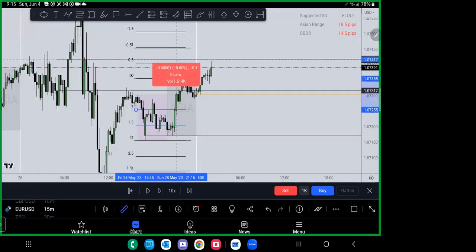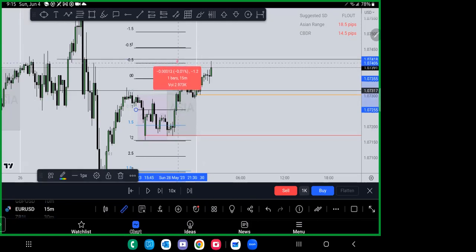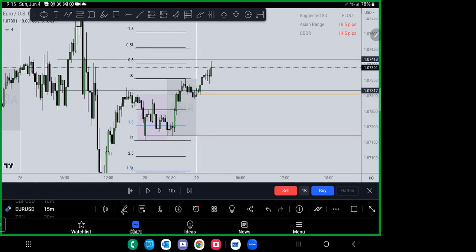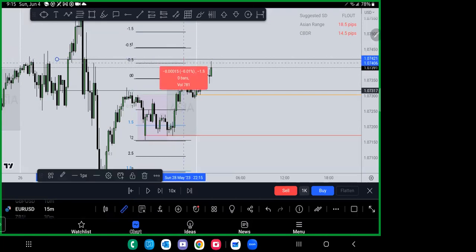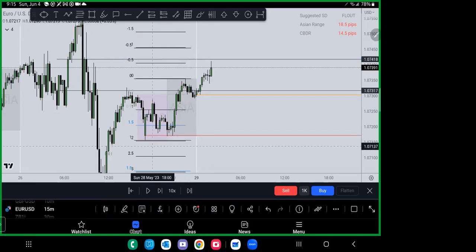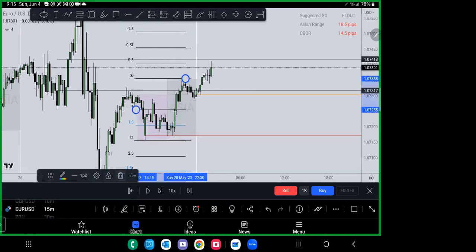Sometimes I don't want to go 5 whole pips, maybe I like to keep it around 3, but ICT, of course the originator of all of this, says 5 pips. We can see here this is less than 2 pips. That deviation is aligning, so that's if we were to use FLOUT.